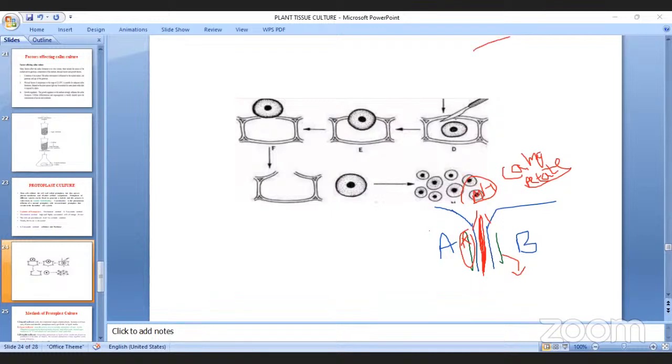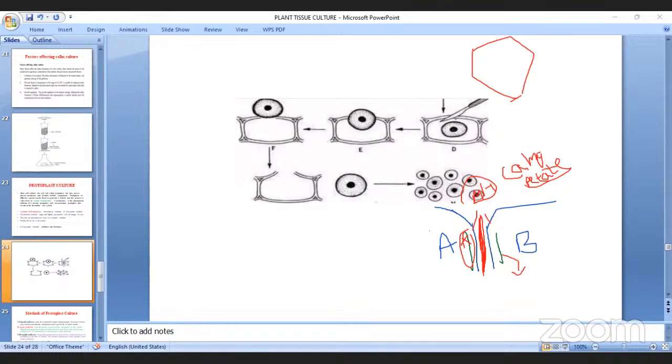What is present after the cell wall? This is the cell wall. After the cell wall, what is the next component? Cell organelles. What are the cell organelles covered by? Just now we discussed what the next layer of the cell wall is.